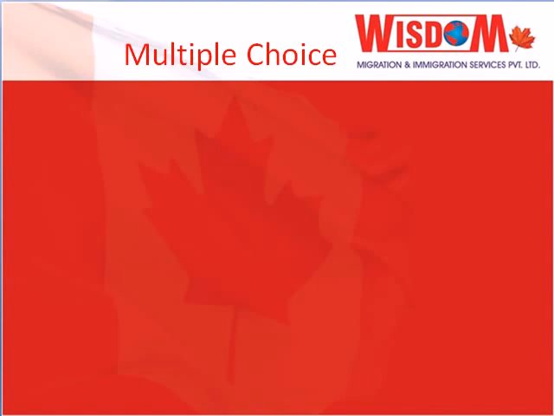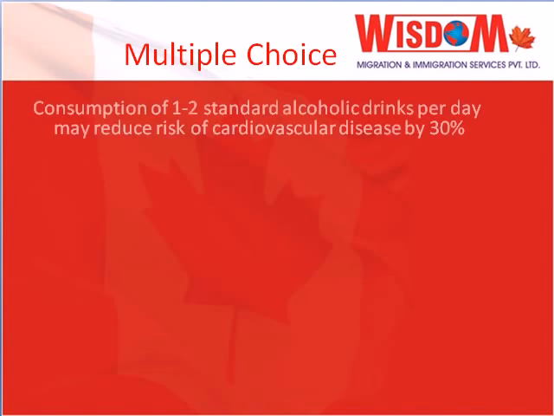The second type of question is the multiple choice question. Here 1 question is given to you, followed by 4 or 5 choices, out of which you have to choose the best one, which will be your answer. For example, this sample question. Consumption of 1 to 2 standard alcoholic drinks per day may reduce the risk of cardiovascular disease by 30%.